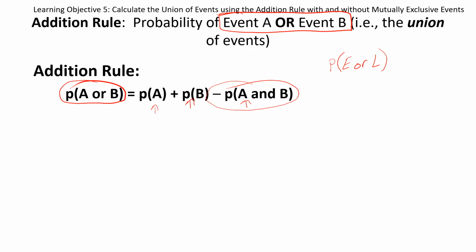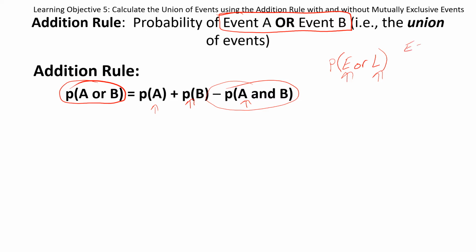Well, it's pretty obvious that if we're talking about even or low, we've got to concern ourselves with getting the probability of getting an even and the probability of getting a low, because both of those would meet our rule.